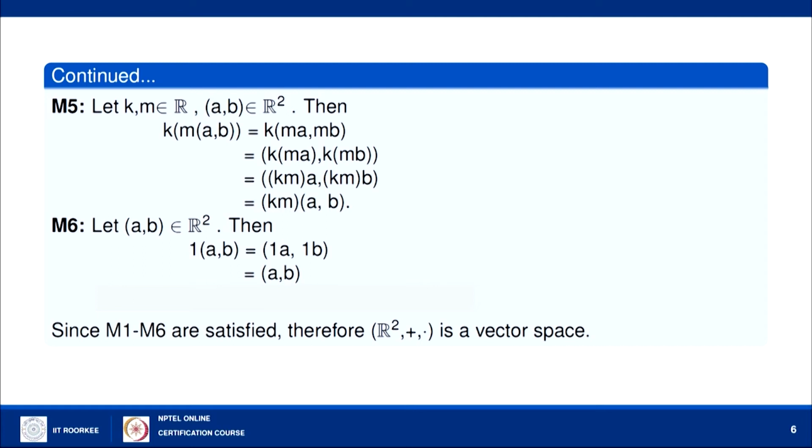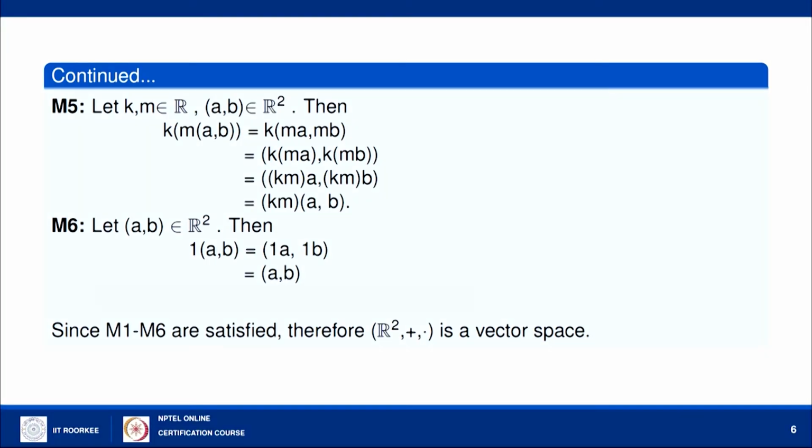Further, you know that 1 belongs to the field R, means 1 is a real number, and if you multiply 1 with any vector (a, b), it will be (1 times a, 1 times b), and it is nothing but, if you multiply 1 to any real number, the real number will remain the same. So, it is equal to (a, b).